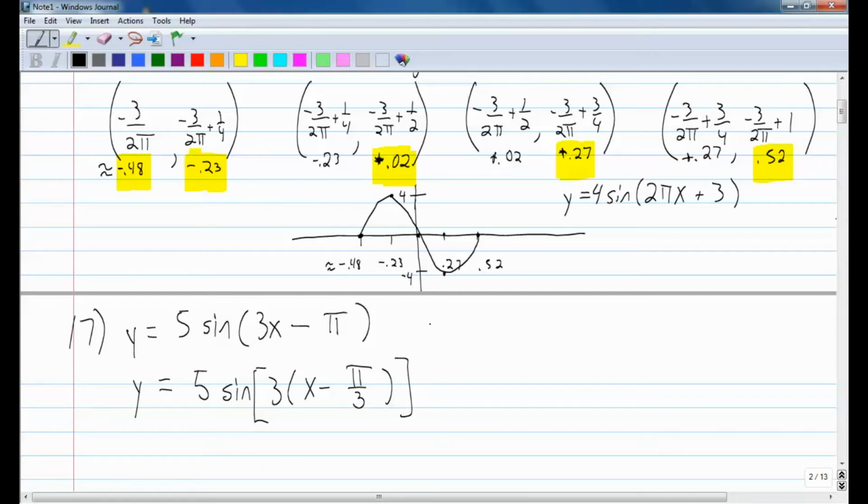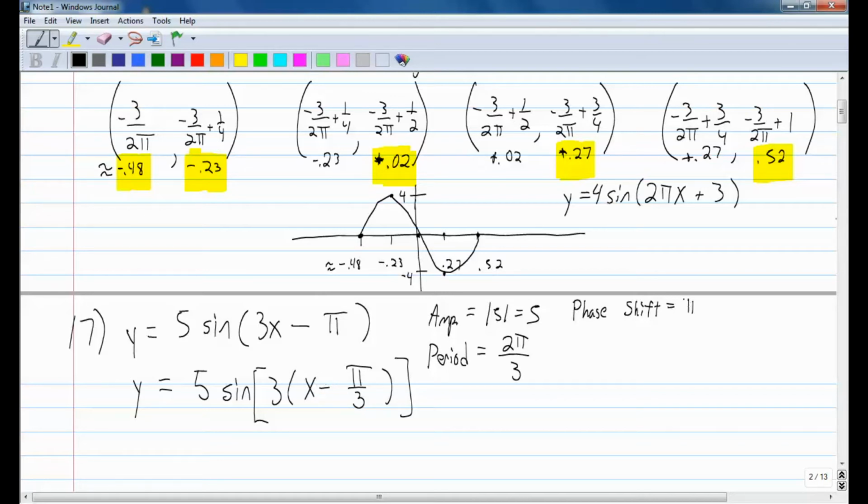Now, I can tell that the amplitude is 5. The period, 2 pi divided by whatever I factored out, so 2 pi divided by 3. The phase shift is going to be my new starting point. I have minus pi over 3, so a minus in front gives me a positive phase shift.